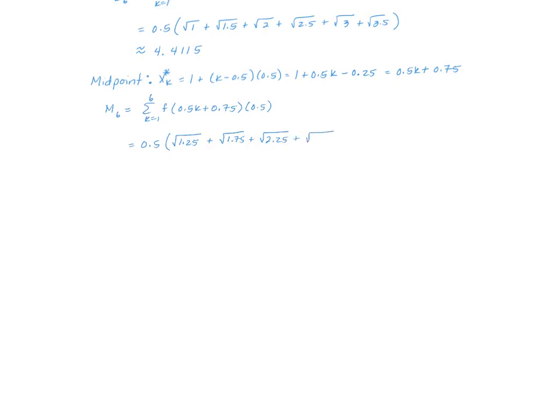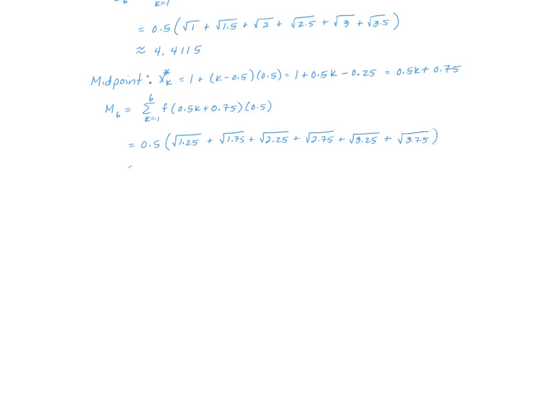When k is equal to 4, I get 2.75. K is equal to 5, I get 3.25. And then when k is equal to 6, I get 3.75.